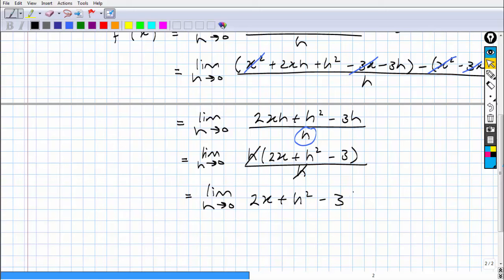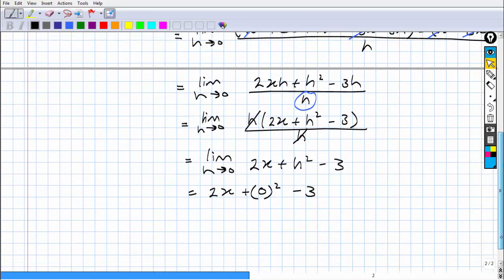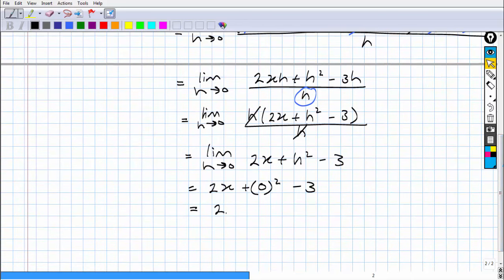And because there's no divide by 0, we can actually substitute a 0 into all our h's, and that gives us 2x plus 0 minus 3, and just for completion's sake, that gives us 2x minus 3. And you can drop this limit sign once you no longer have this h at the bottom anymore, as I did in this.